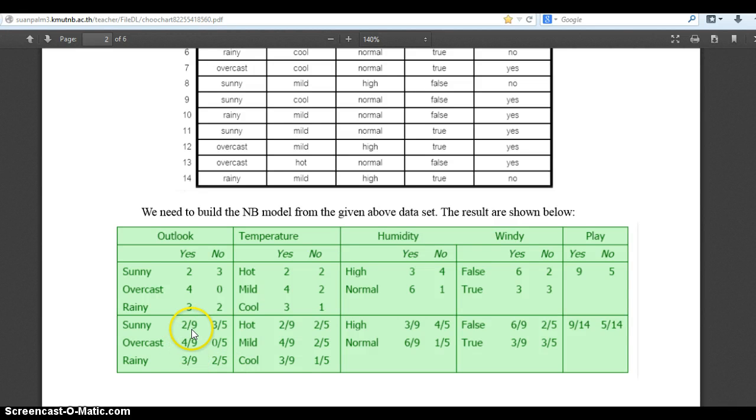The ratio is 2 of 9 because the sum of the yes equals 9 and the sum of the no is 5, and coincidentally it just works out for all the other features. So you get 2 out of 9, 4 out of 9, 3 out of 9, 3 out of 5, 2 out of 5. And for the plays, it's 9 out of 14 and 5 out of 14 because there's 14 different pieces of data.